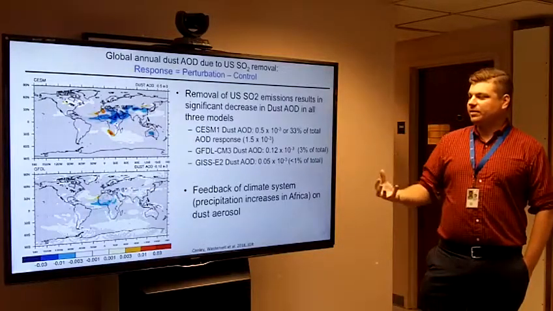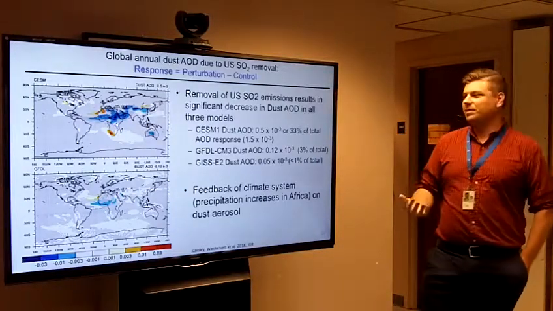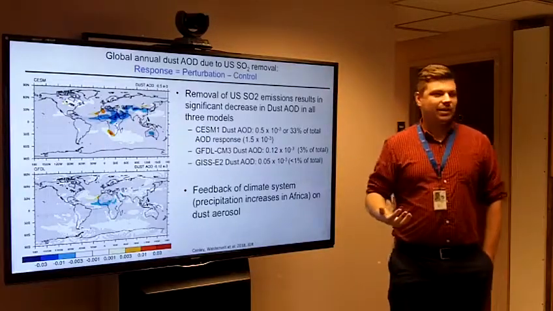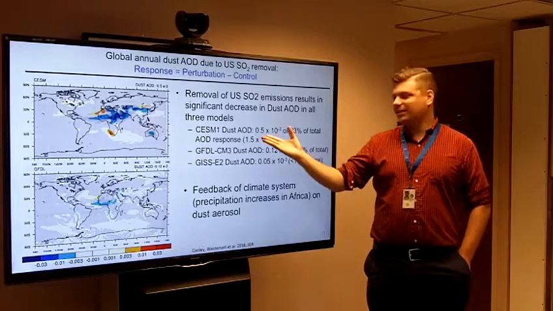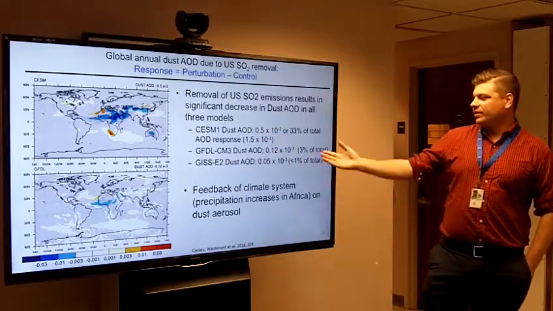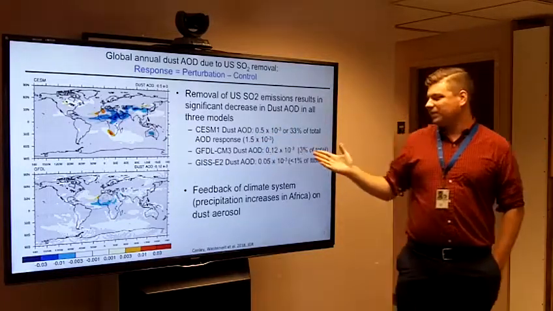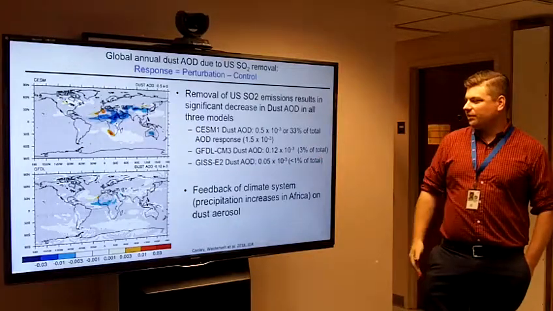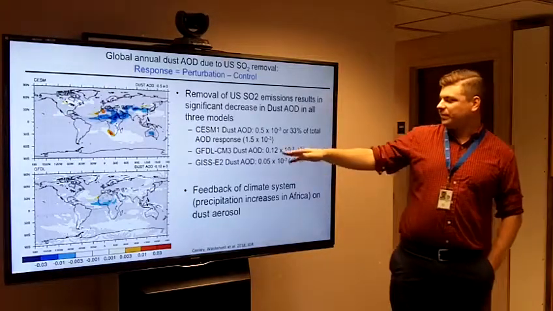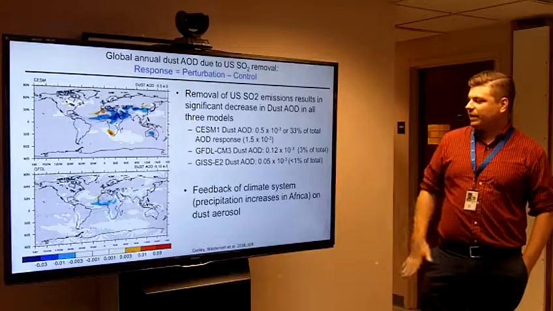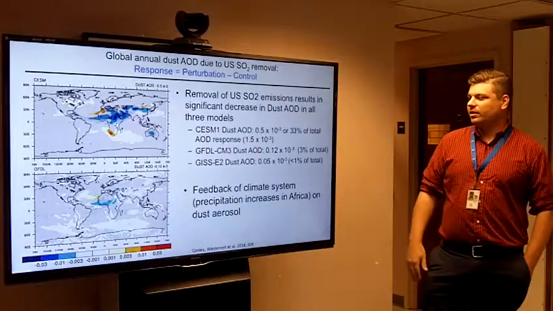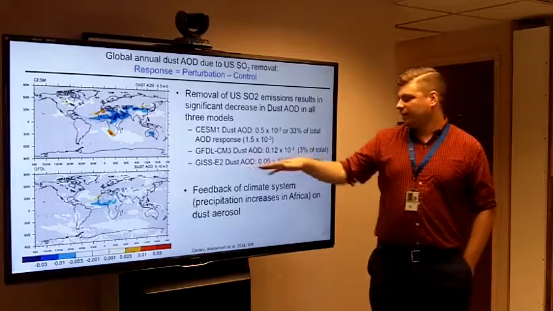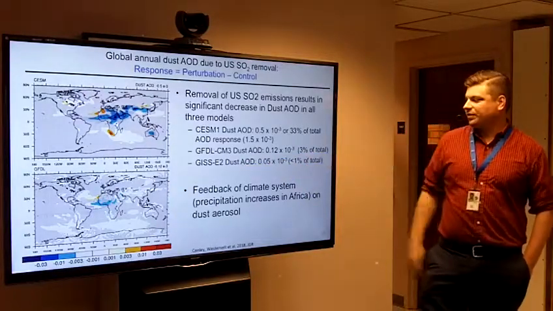You remove SO2, you expect most of the AOD to be sulfate related, but you actually get 1/3 of that coming from this feedback on dust. The GFDL model also has a little bit of a dust feedback, only 3% of the total. Still pretty large, but not as large as the CESM simulation. GISS is pretty small, less than 1% of the total.